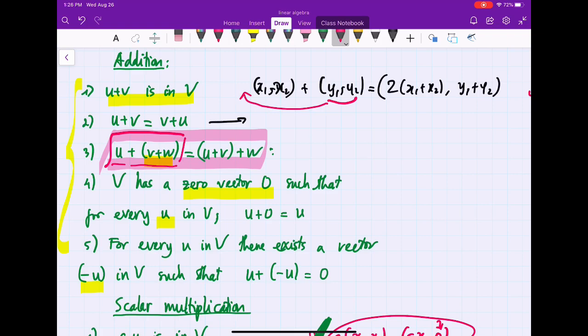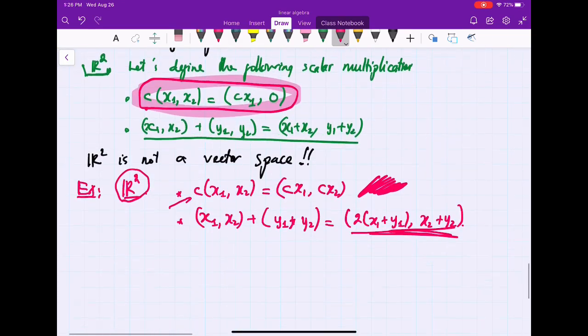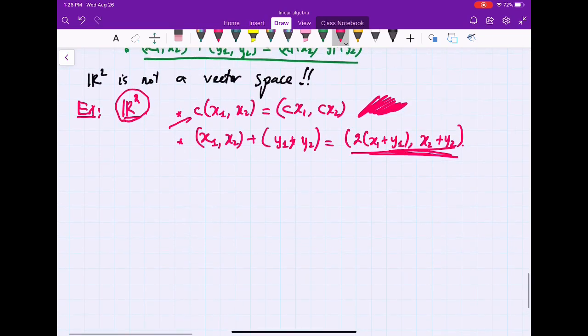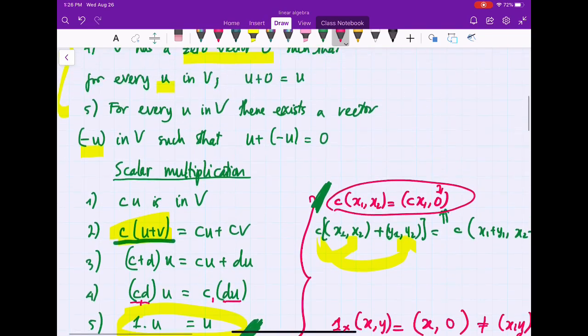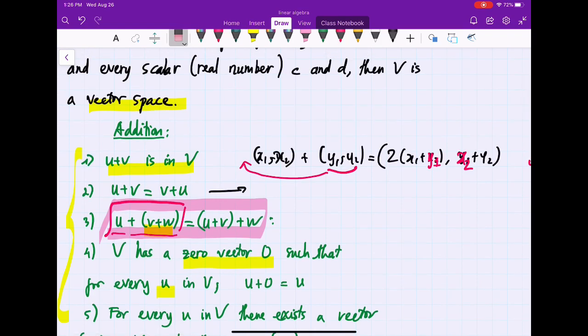I think I did something wrong here. It should be x2 plus y2. I guess that's how we define it, right? Yes, x2 plus y2. Sorry for that. Let me make that clear: x1 plus y1 and x2 plus y2. So when you interchange u and v, you just interchange x1 and y1, x2 and y2. Does that make sense? So the second property is also okay.